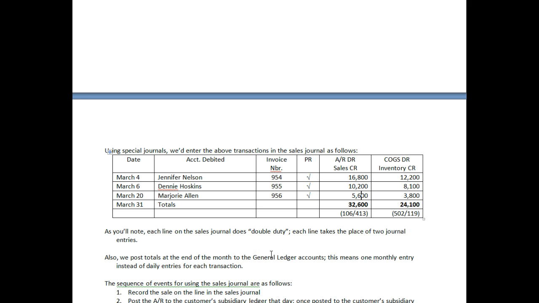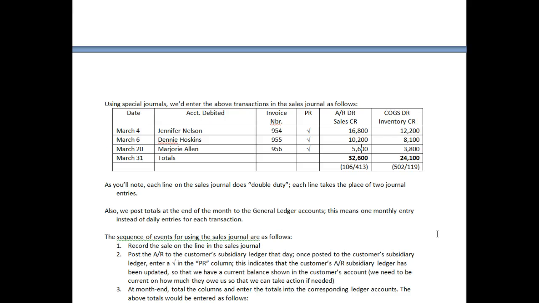The nice part is we can just post these once. So we post these numbers once to our ledgers, and we're not doing zillions of entries, because if we have a lot of volume, that could be a real hassle. So it takes the place of each transaction entry.